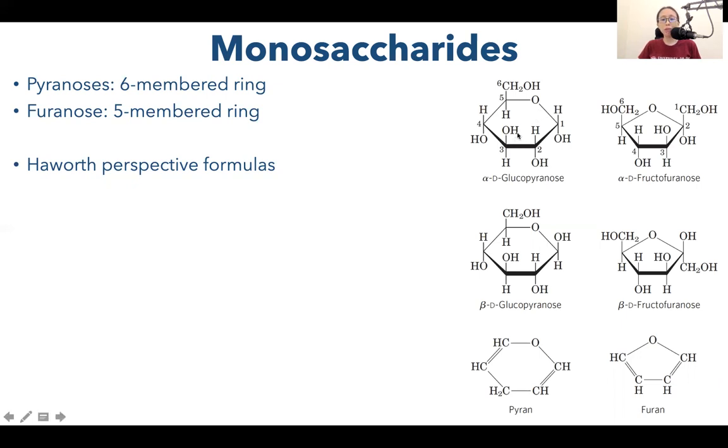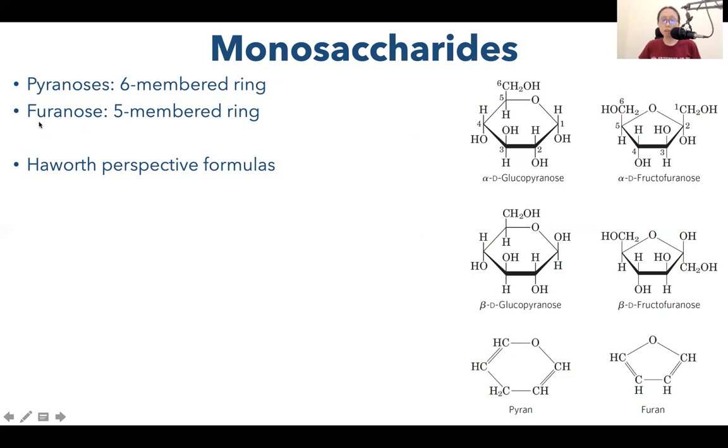For example, glucose, we have seen it form a six-membered ring composed of 5 carbons and 1 oxygen atom. This name comes from the molecule pyran. Because the structure resembles that of the molecule pyran, they were called pyranoses.